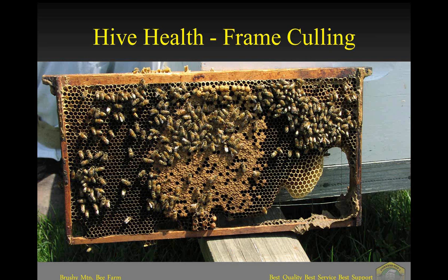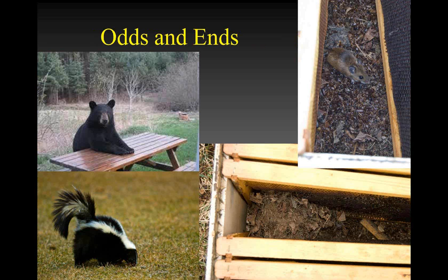So a good comb rotation practice is to your advantage. Every 3 years you should have a complete turnover of your brood comb so that you get those toxins out of the colony and they don't reach levels that become stressful for that colony and affect the overall health of the colony. So a good comb rotation will help.